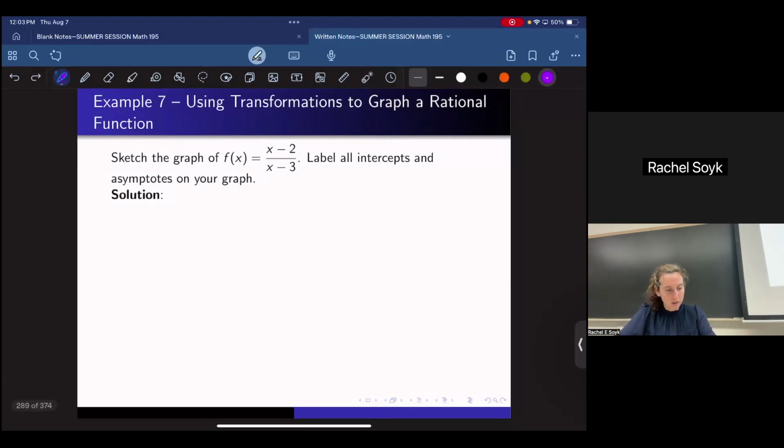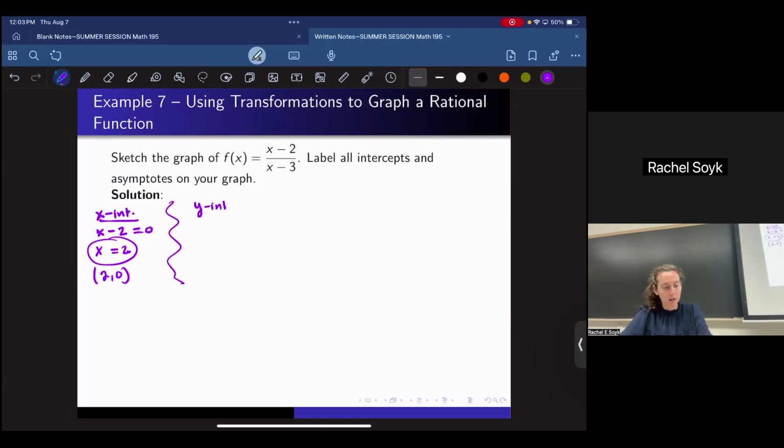So let's do this one a little faster. Our x-intercepts, right? X minus 2, set that equal to 0. So then we get x is equal to 2. So as a coordinate, 2 comma 0.